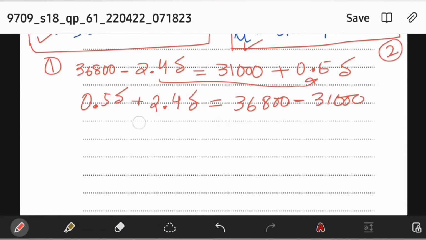Doing the calculation, you will get standard deviation is equals to 5,800 over 2.9, and finally the standard deviation is coming out to be 2,000.